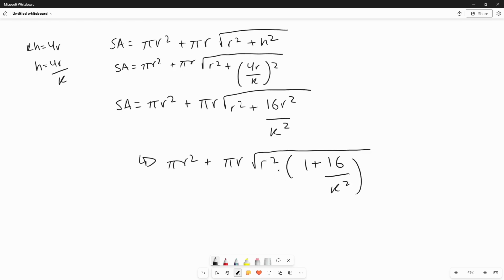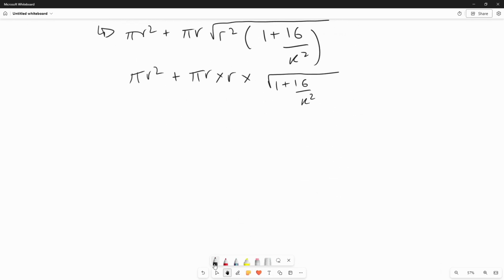And this is just r squared times this bracket, and the square root function applies to both the r squared and the bracket, so we can just root the r squared and we'll get r on its own. That's going to be pi r squared plus pi r squared lots of 1 plus 16 over k squared.